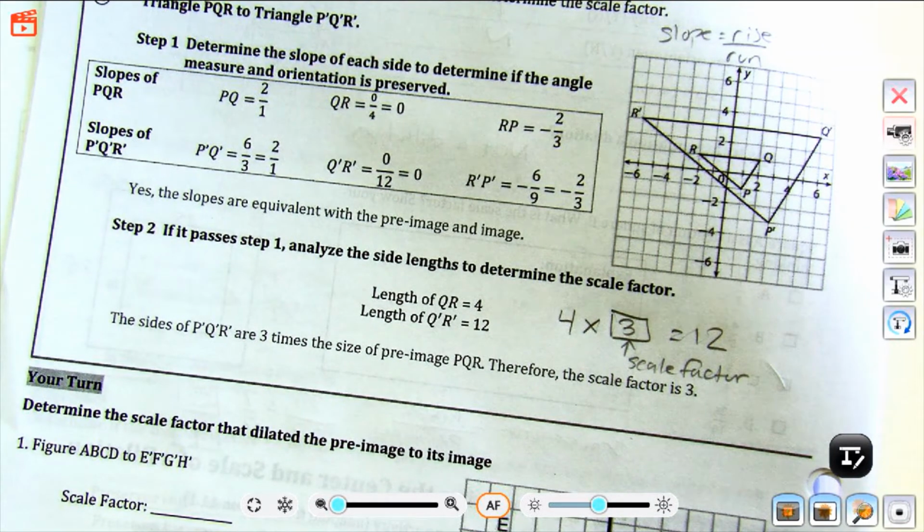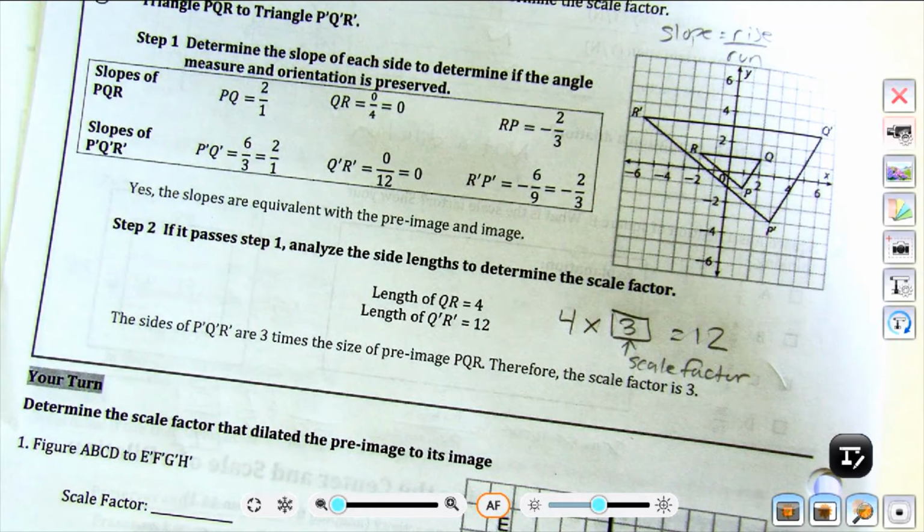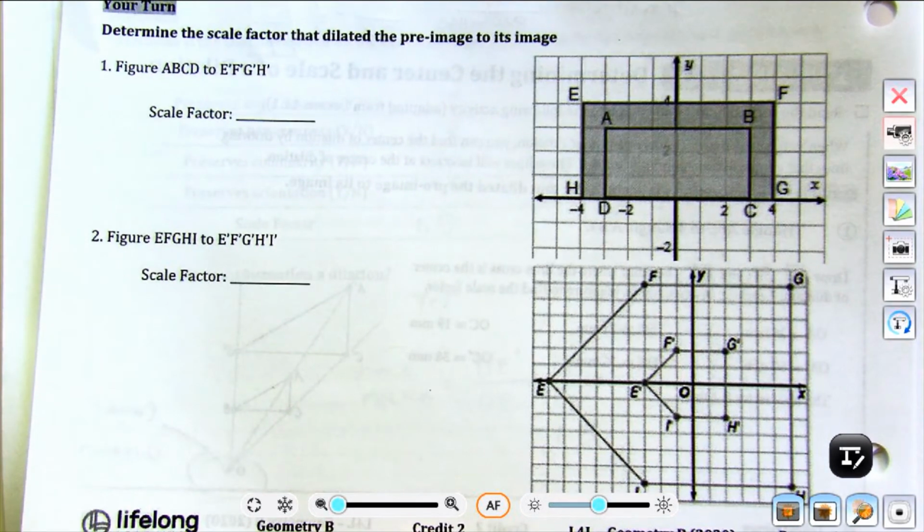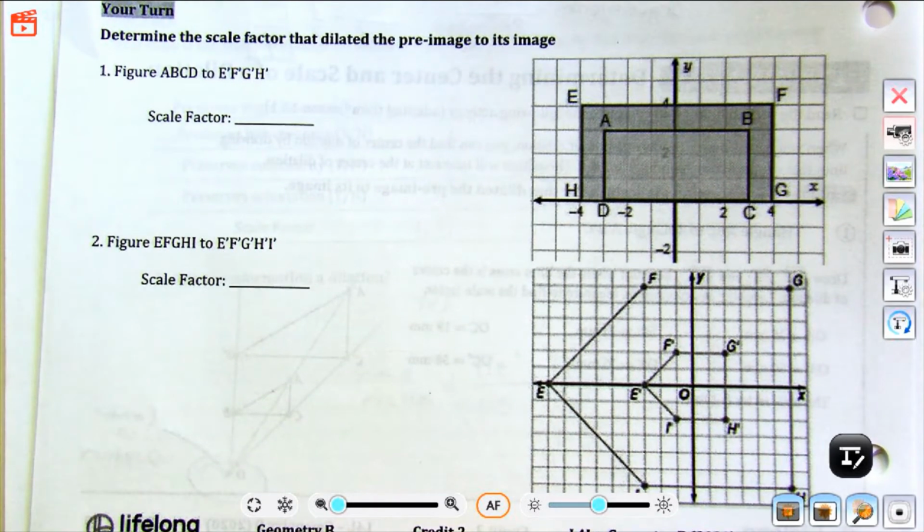Okay, so then I want you guys to pause the video here and look at the next 2 problems. It says determine the scale factor that dilated the pre-image to its image. So they're actually telling us here that these are dilations.